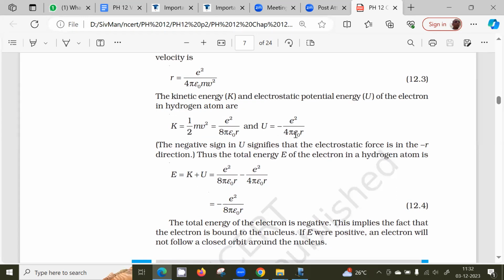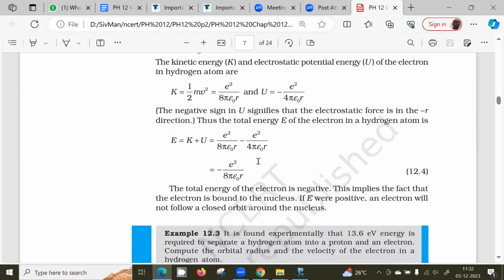With that reference, U becomes negative for other values of r. Kinetic energy here is 1 by 8, potential energy is 1 by 4. So the magnitude of the potential energy is more, and it's negative, so the total energy will be negative.